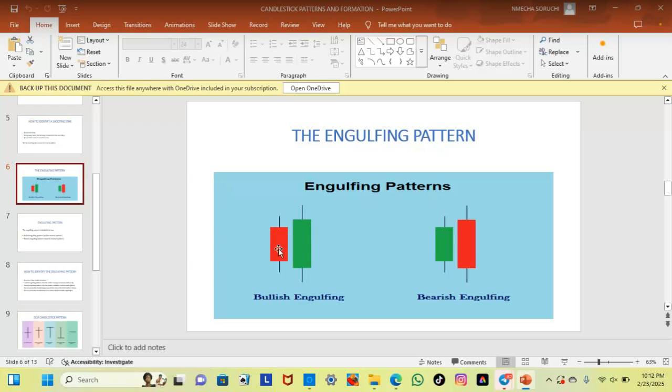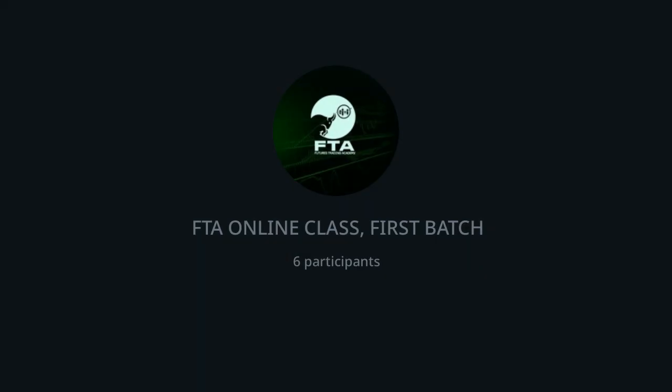That's how it is on the bearish engulfing pattern also. This red candle can swallow up this green candle. So that's what we mean by engulfing.